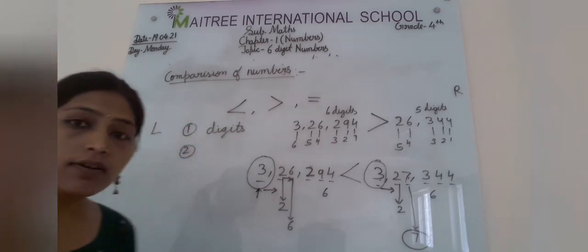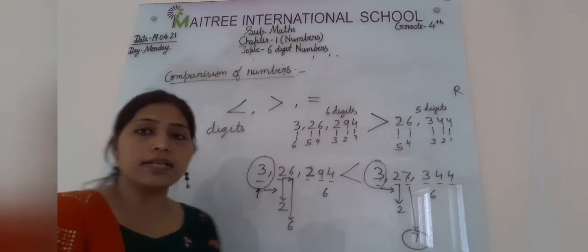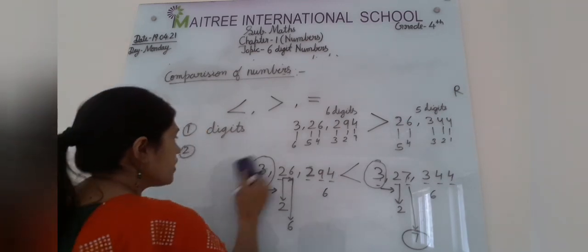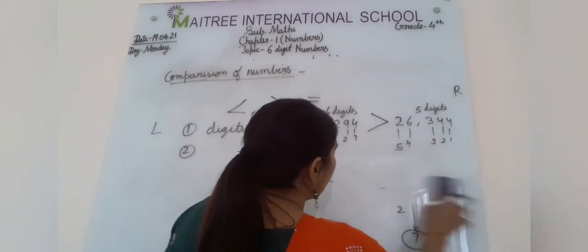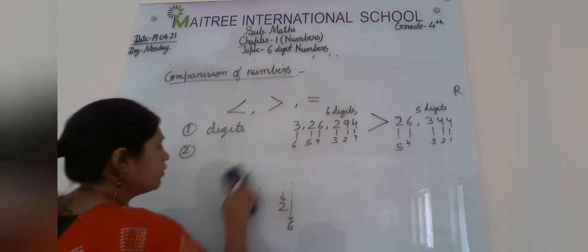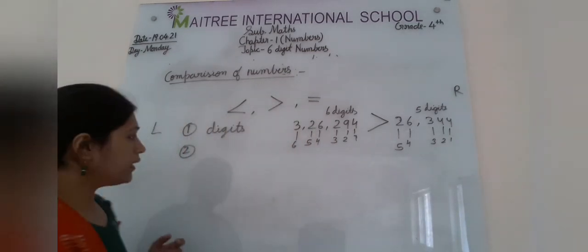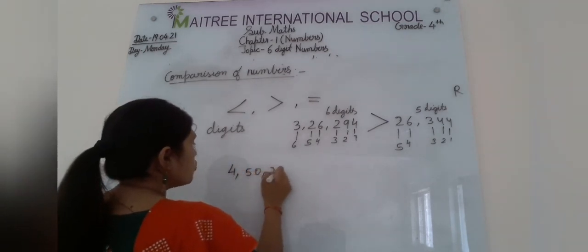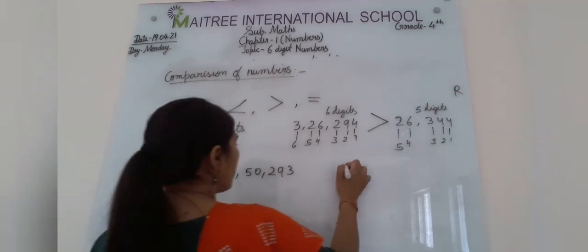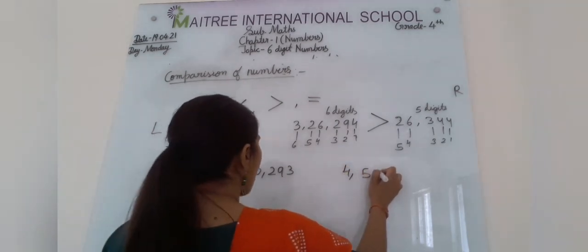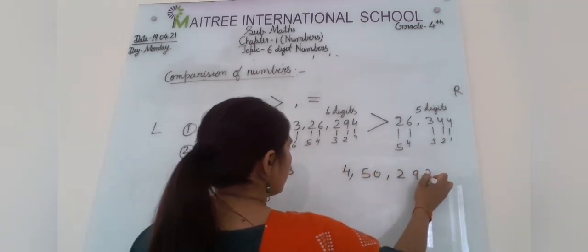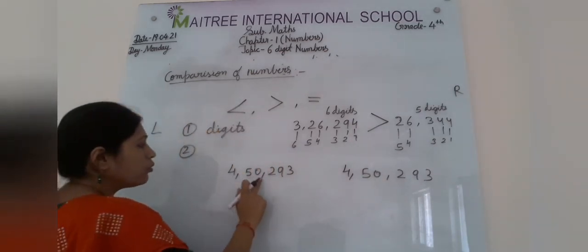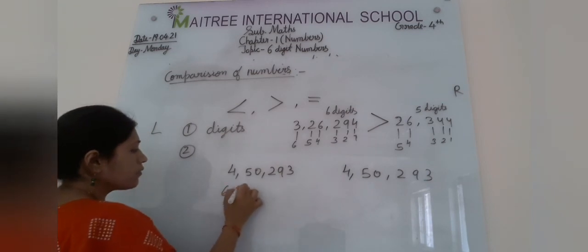And what is the meaning of equal? If both numbers are the same, if the digits are also the same, if the numbers are also the same, that is an equal number. Let's take an example of an equal number. I am writing my number here, 4,50,293, and here also 4,50,293. Yes. So here 1, 2, 3, 4, 5, 6 digits.